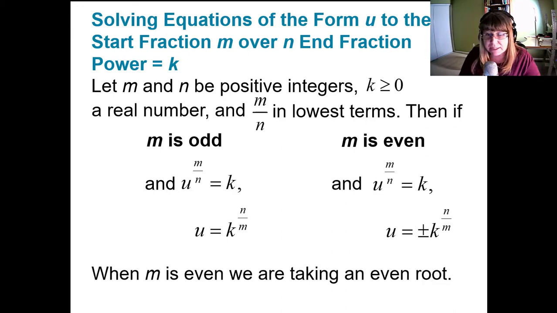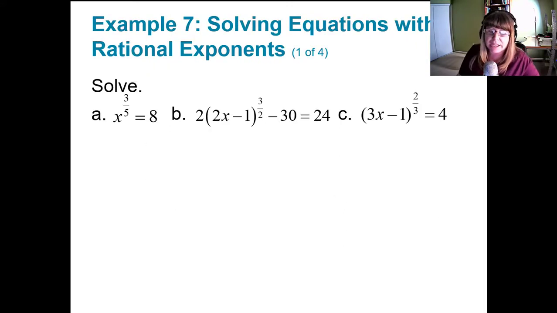Now here's the reason. On the k side, the m is in the denominator, and that means what root it is. So when m is odd, we don't ever worry about plus or minus, but when m is even, we have to deal with the plus or minus. So let's look at equations that have this setup. A: x to the 3/5 equals 8. B: 2 times (2x minus 1) to the 3/2 minus 30 equals 24.